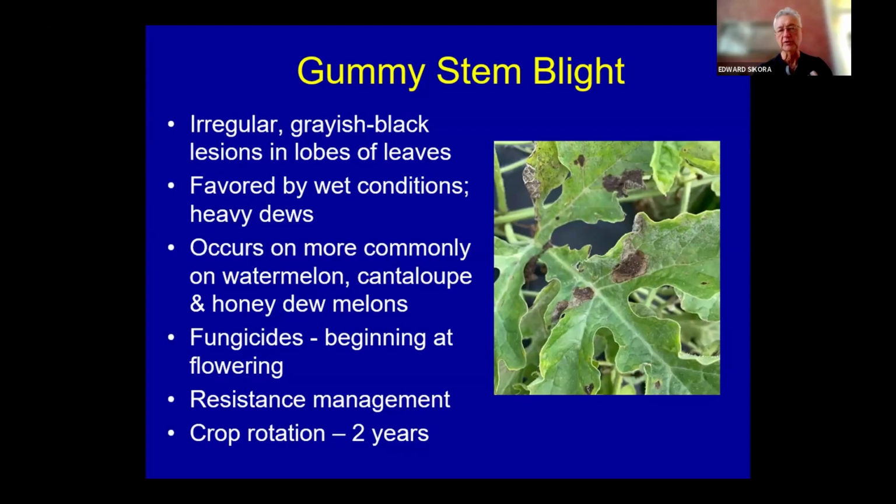So you need to rotate these products between different FRAC groups, different chemistries, as the season progresses, so you avoid developing resistant strains of gummy stem or other diseases of melon, for that matter. Keep these products around as long as possible. Crop rotation can help. It does survive on crop debris, so a 2-year rotation, or not growing cucurbits for 2 years, can be effective in reducing inoculum in that field.